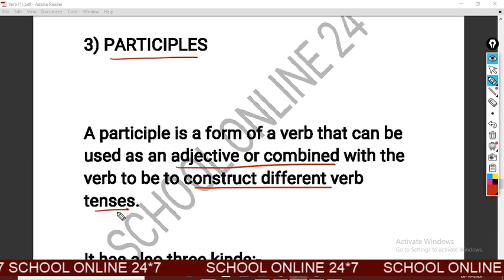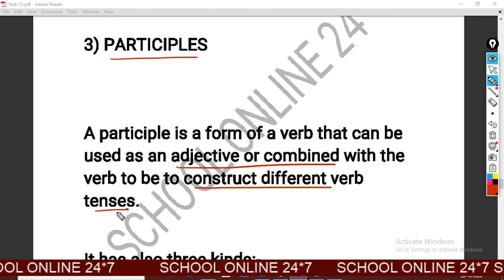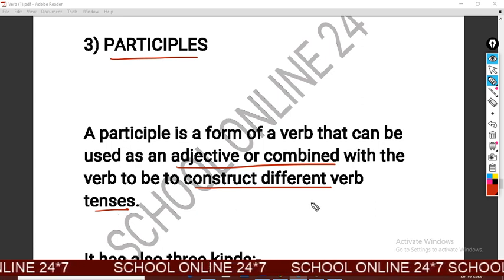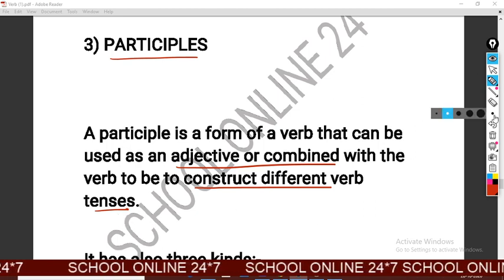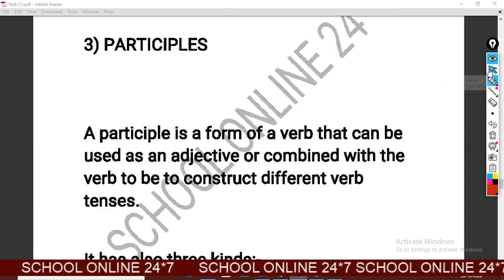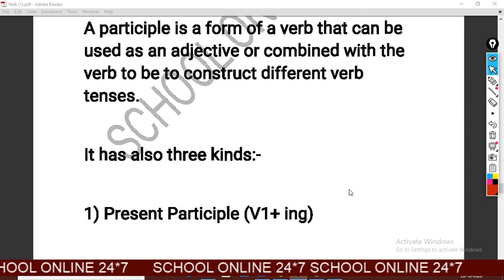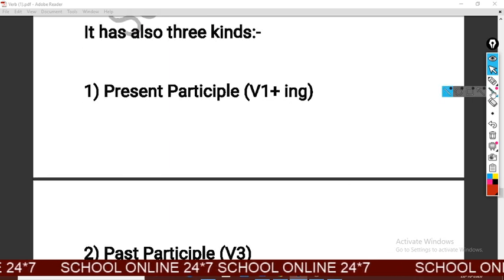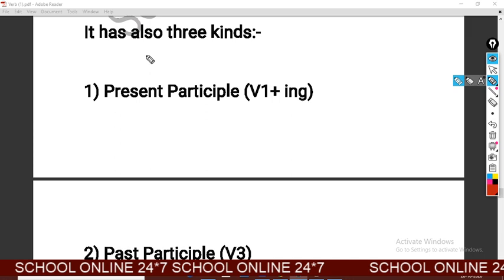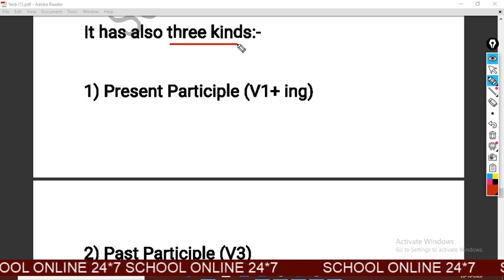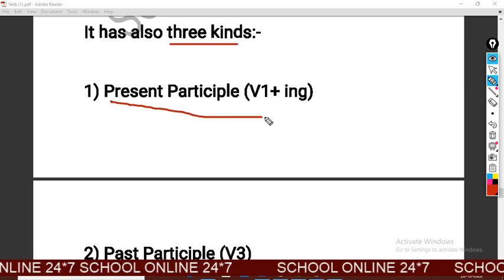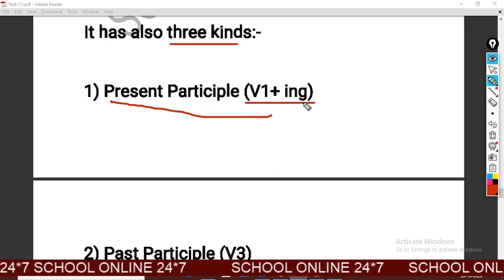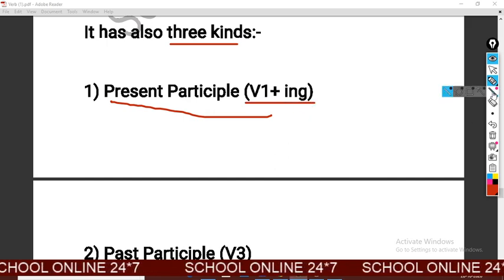Means these types of verb construct different verb tenses also. How? Look at its kinds, and the formation, with the examples also. It also has three kinds. First, present participle: formation will be first form of the verb plus ing.